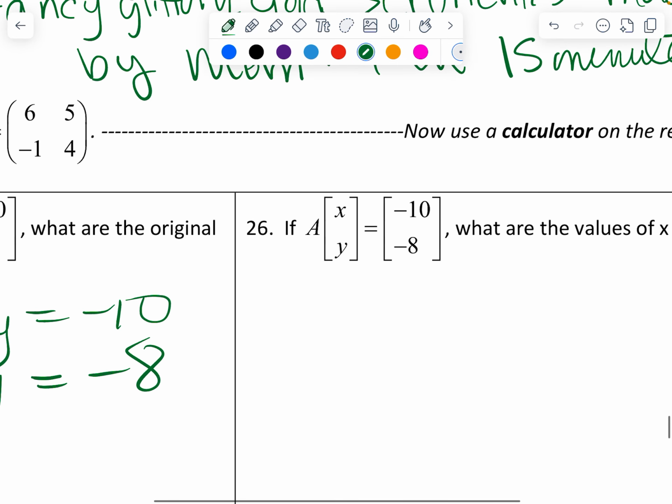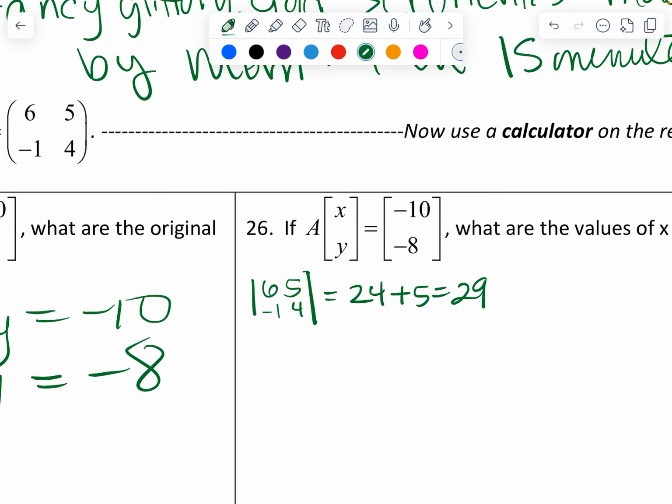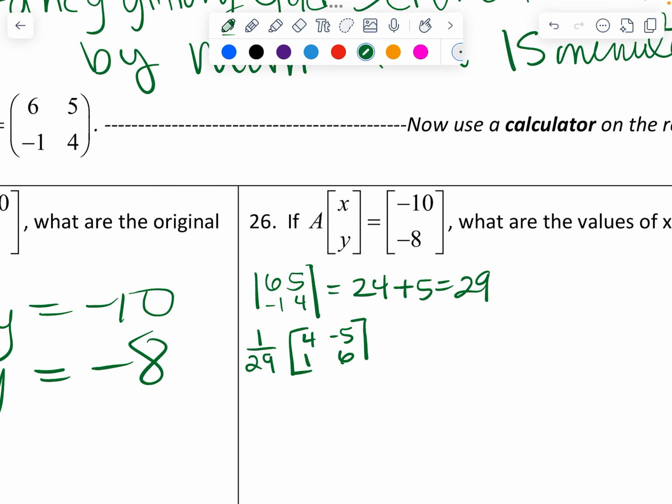So if I was to find the determinant, I would get 6, 5, negative 1, 4. My determinant would be 24 plus 5, which is 29. So 1 over 29. And I switch around my matrix, and I change B and C to the opposite.